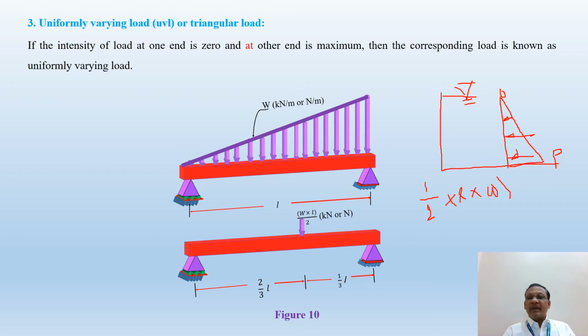So this is the area of the triangle. The area of the triangle is nothing but the point load created by the uniformly varying load, and it is acting at the centroid of this triangle. You know that the centroid of the triangle is at 2/3 of L from the apex and 1/3 from the base. So in this way, we can easily convert uniformly varying load into a point load.